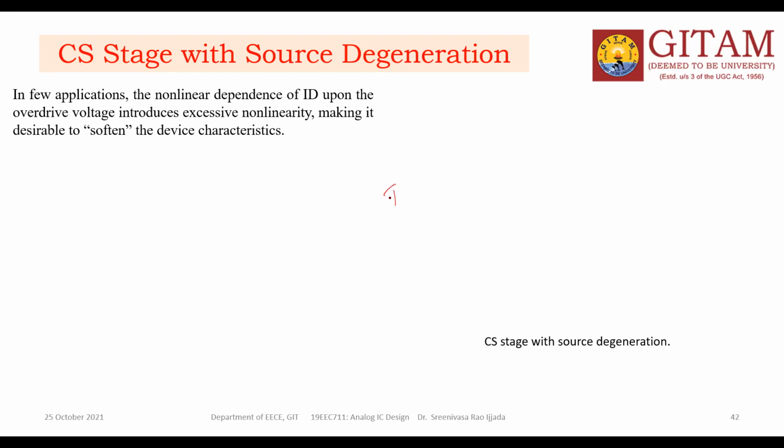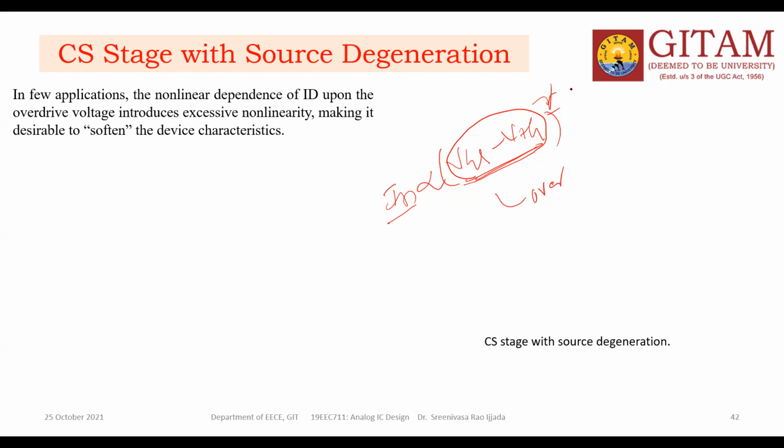That means ID is proportional to VGS minus VTH whole square. Generally, this term is called the overdrive potential. Since ID depends on this overdrive potential non-linearly, this introduces excessive non-linearity, making it desirable to soften the device characteristics.